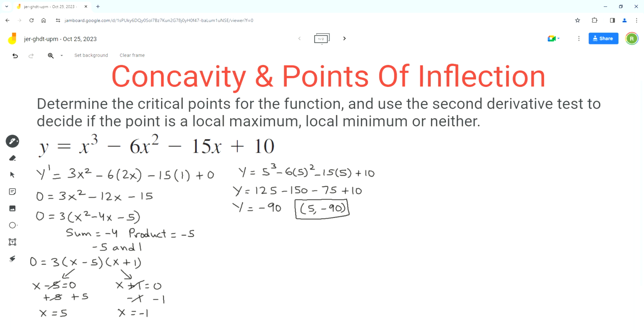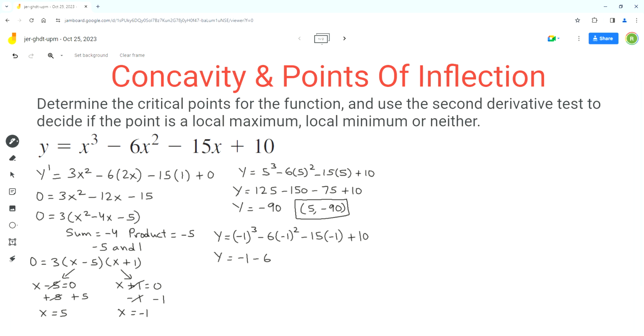Now we can sub in x as negative 1 in the given function. So y equals negative 1 cubed minus 6 times negative 1 squared minus 15 times negative 1 plus 10. Now we can evaluate this expression. Negative 1 cubed is negative 1, and negative 1 squared is positive 1, and negative 6 times 1 is negative 6.